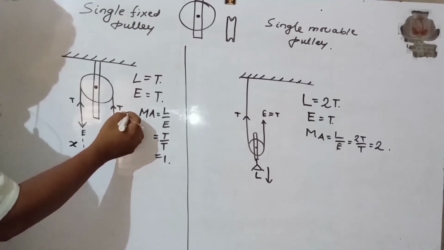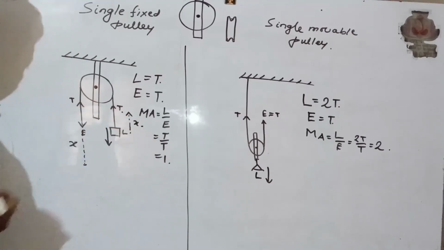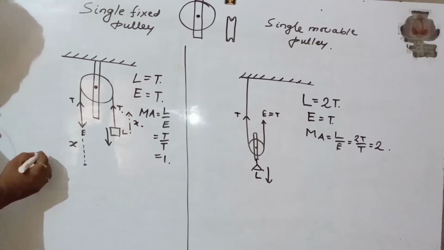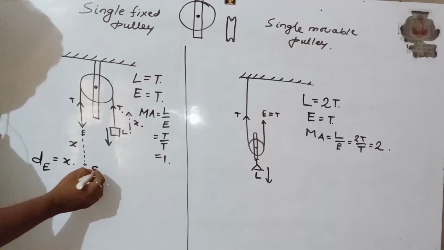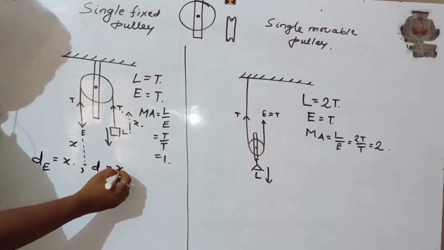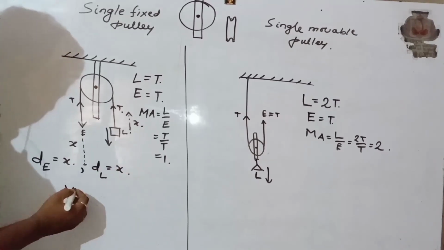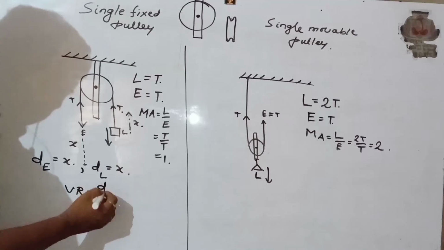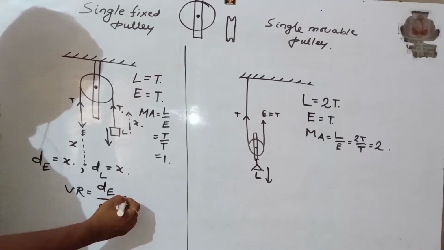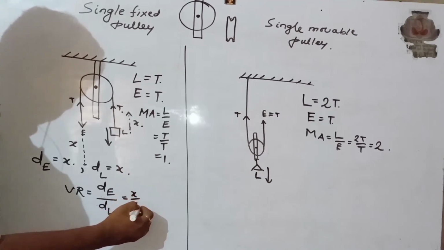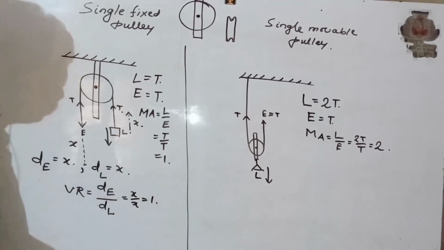Then the distance the load will rise is also equal to x. So what is the velocity ratio? It is distance travelled by effort by distance travelled by load, that is x by x equal to 1.